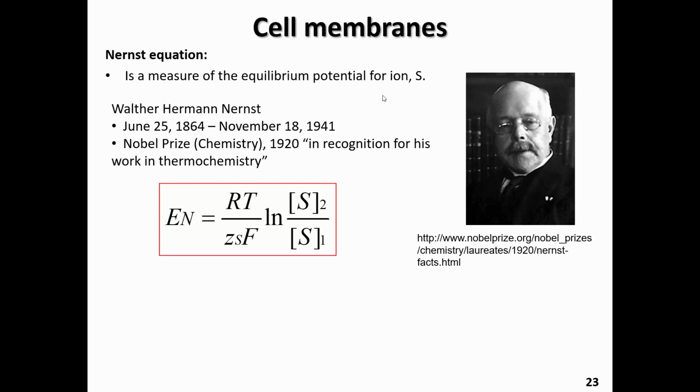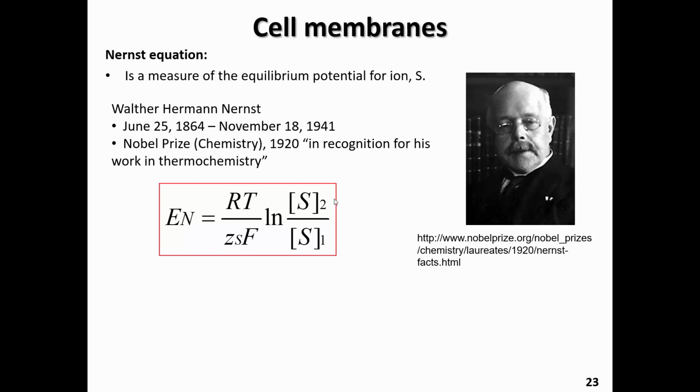The Nernst equation or Nernst potential is named after Walther Nernst, who won the Nobel Prize in 1920 for his work in thermochemistry. What we're looking at here is what's called the Nernst potential, E for potential. The N should be a subscript, but it is a little bit smaller here for Nernst potential.